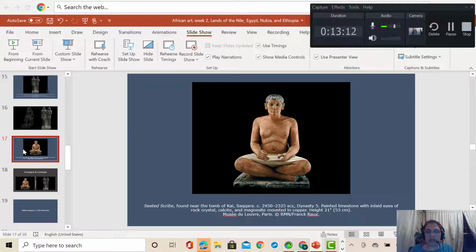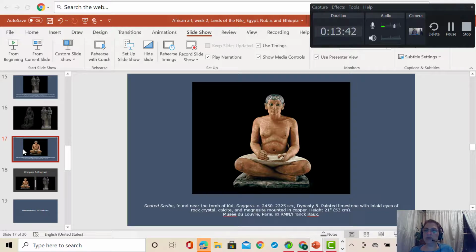And so he is not just stone, he's actually carved limestone and then put plaster over it and painted. So he has a much more naturalistic kind of skin tone. He's also not so idealized and youthful like the pharaohs. And this was because it was probably showing that he is older, he's wiser, he knows how to write. Very few people knew how to write in ancient Egypt.